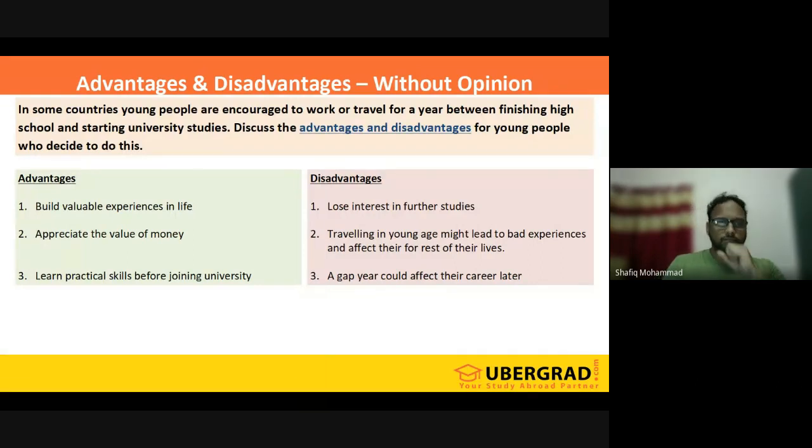So before joining a university, if you go on a small tour for 1 year, these are the advantages which are there. Okay. Disadvantages are: lose interest in future studies. Traveling at a young age might lead to bad experiences and affect the rest of their lives. Okay. A gap could affect their career later. So there are some disadvantages too. So you can actually use these bullet points.